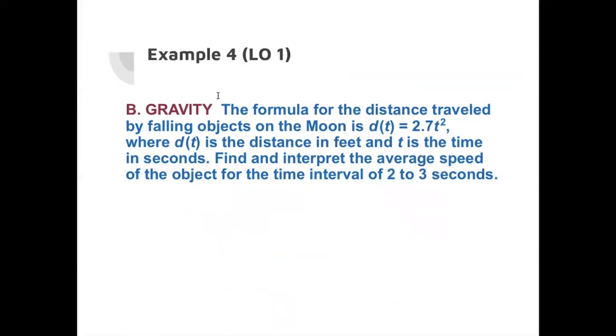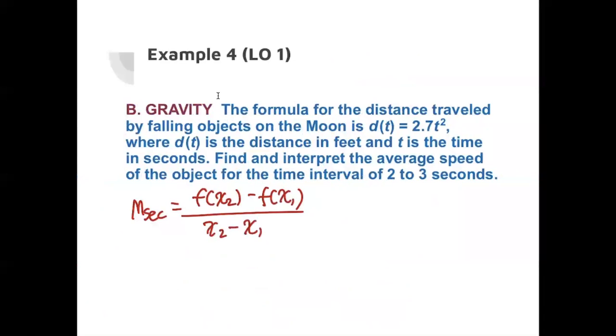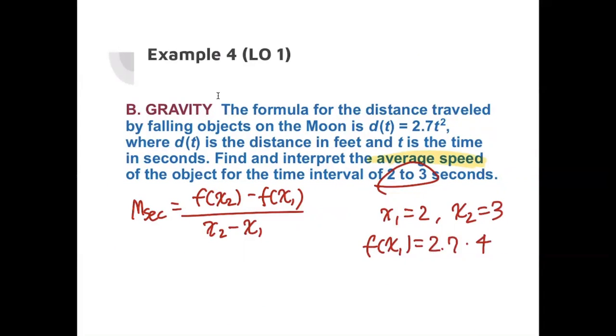Same thing for this. We're going to use the same formula because we have to find the average rate of change, or the average speed, within this interval. So x1 is 2, x2 is 3, f of x1 is what? 2.7 times 4, and f of x2 is 2.7 times 9.